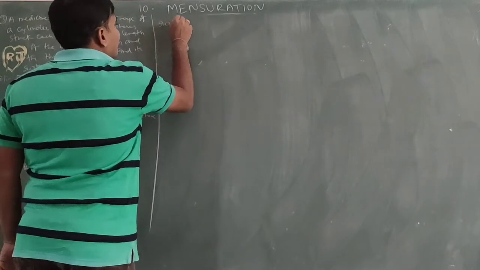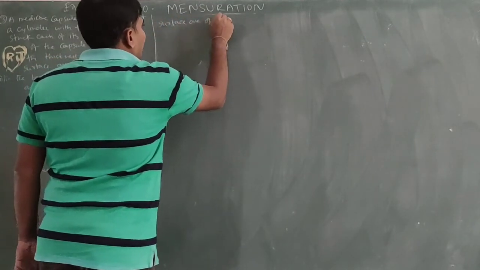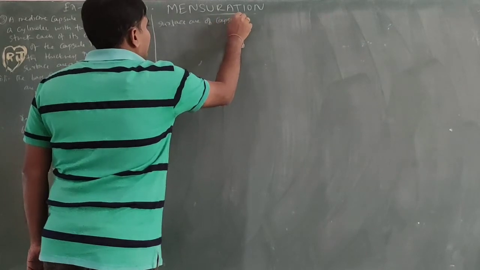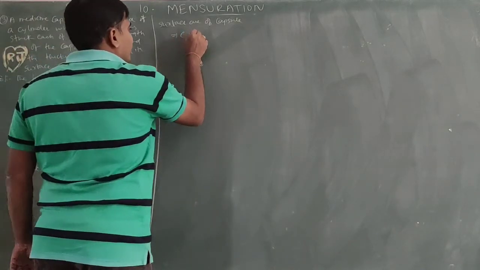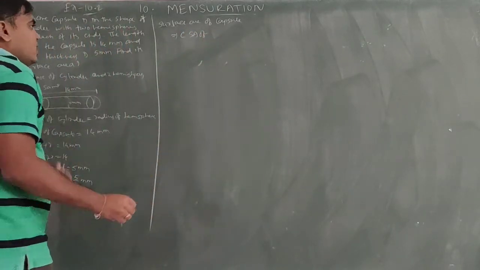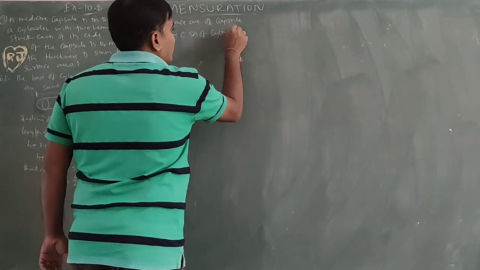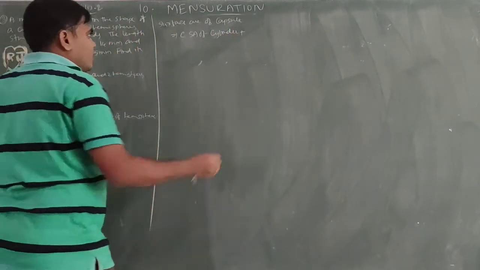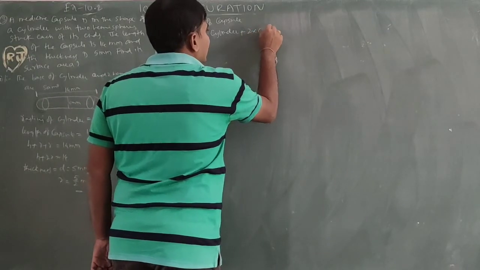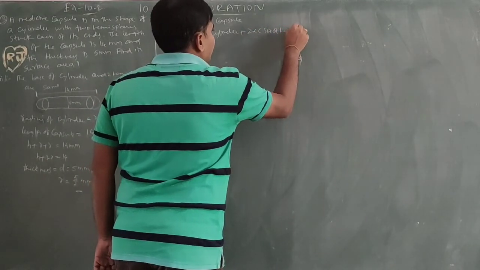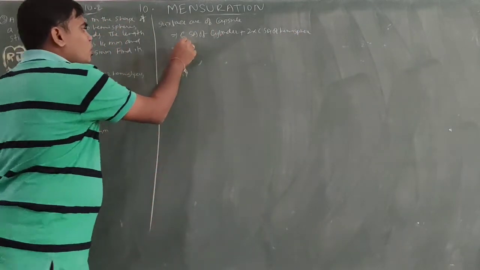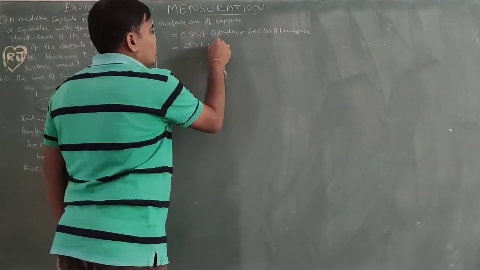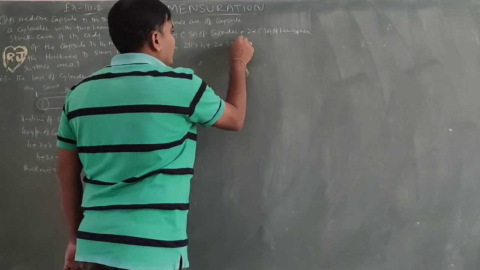Now, the surface area of the capsule is the CSA of the cylinder plus 2 into the CSA of a hemisphere. The CSA of a cylinder is 2 pi r h, plus 2 into the surface area of a hemisphere, 2 pi r square.